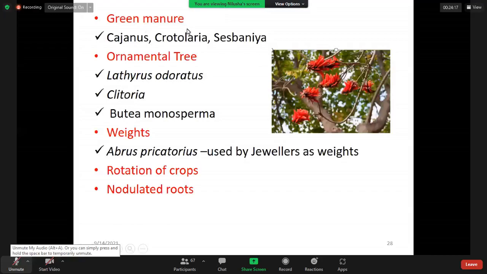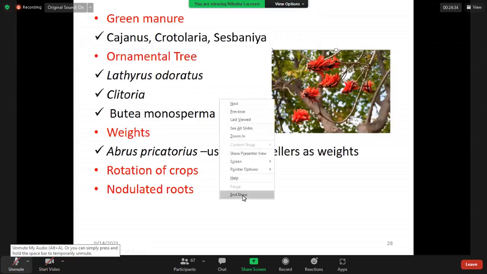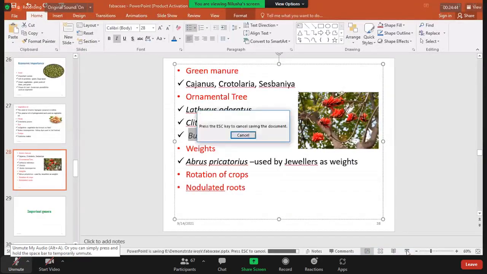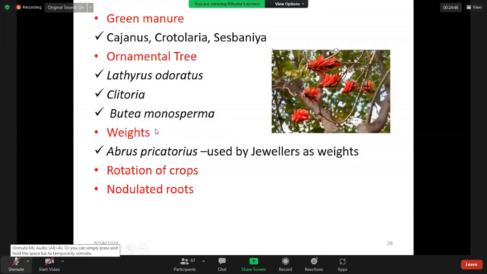And here, as green manure crops, we use Crotalaria, Sesbania, Cajanus. These are used as green manure. Another one is ornamental trees, Butea monosperma.